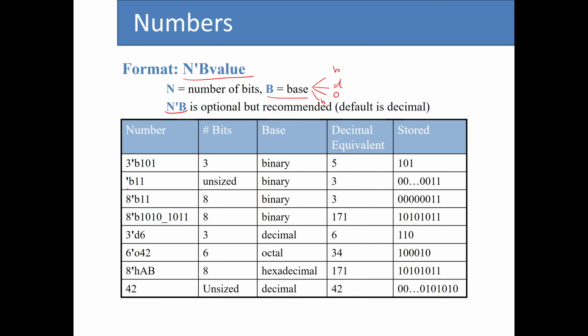Since it is specified as binary, this will be interpreted as a binary number, so its value is going to be 3. But the value that is going to be stored is 0s all the way to the last 2 bits, which are 11. This is basically the default size that it is using, 32 bits or 64 bits.